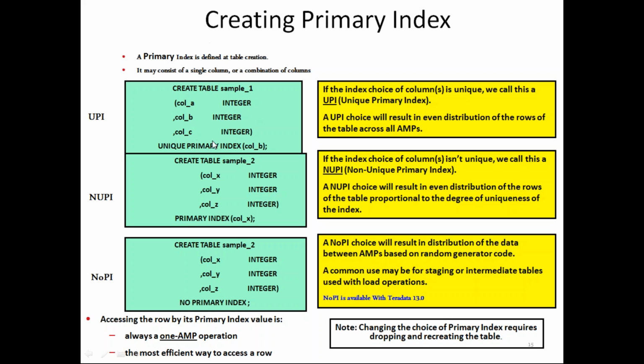So those were the cases. If you eliminate the phrase NO PRIMARY INDEX, then Teradata will automatically select a primary index based on the constraints on the columns. The first unique column is considered as a unique primary index, and if there is no unique constraint in the columns, the first column itself would be considered as a non-unique primary index. Unique primary index won't allow duplicates, and non-unique primary index would allow duplicate values in that column.